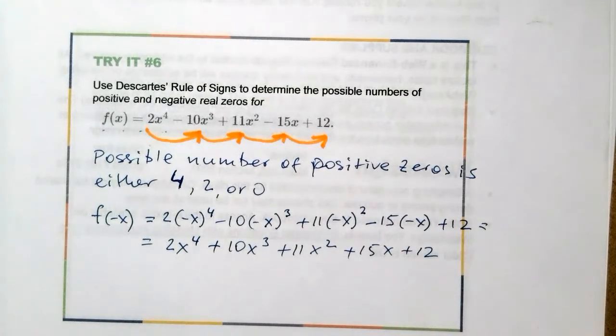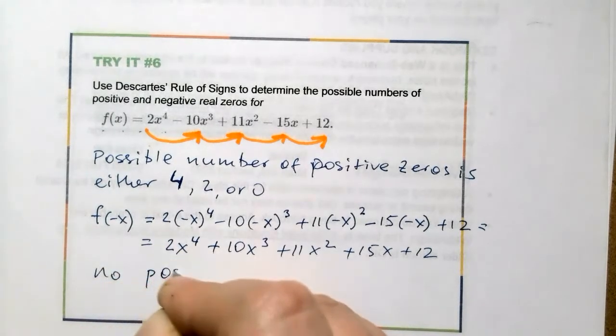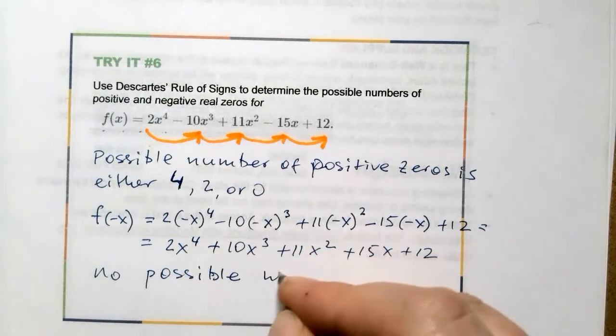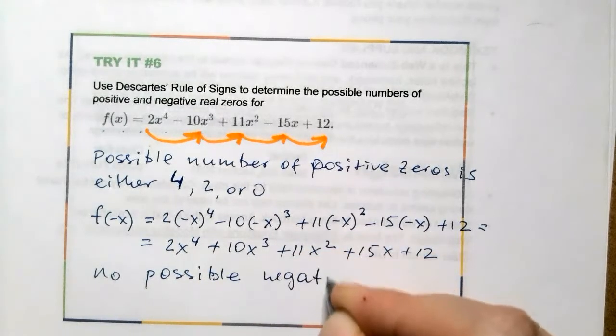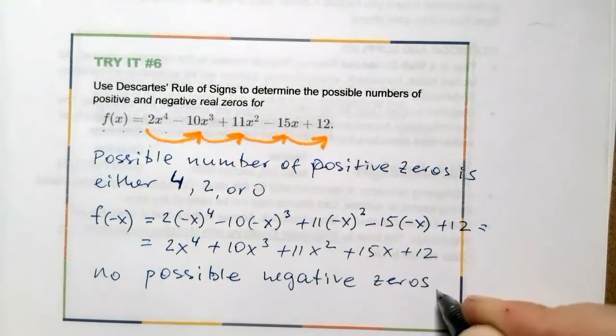Look at that. 0 sign changes. So this means that this polynomial does not have any negative zeros. So no possible negative zeros.